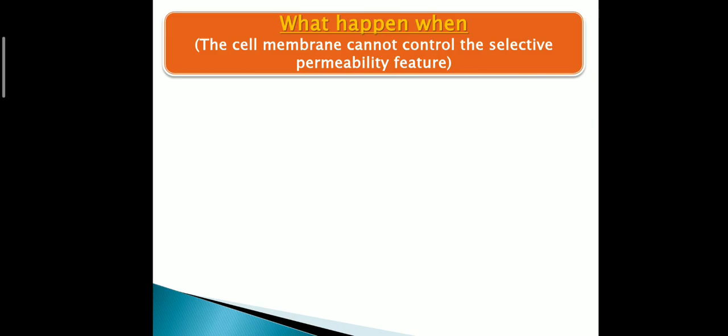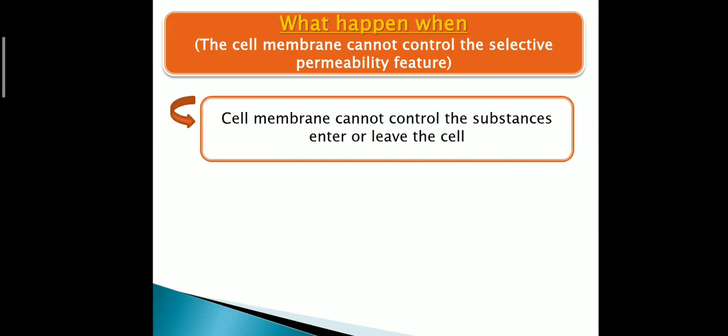So if the cell membrane can't control selective permeability, it can't control the substances that enter or leave, because the cell membrane controls them by selective permeability.